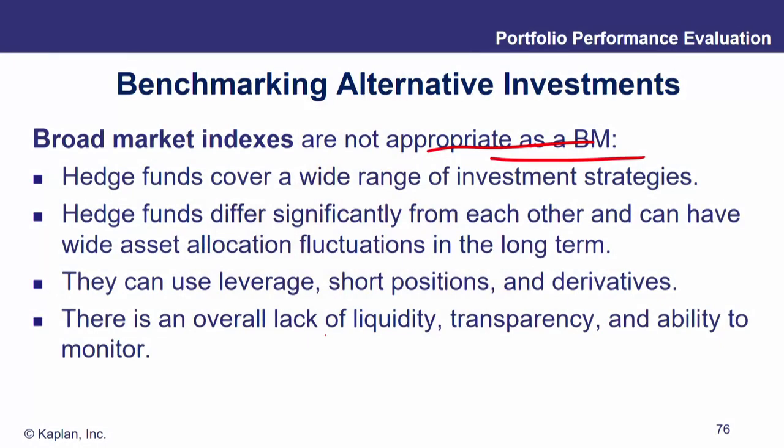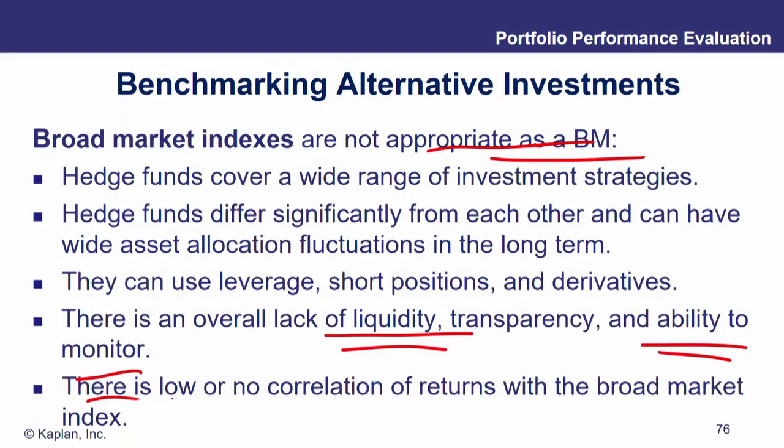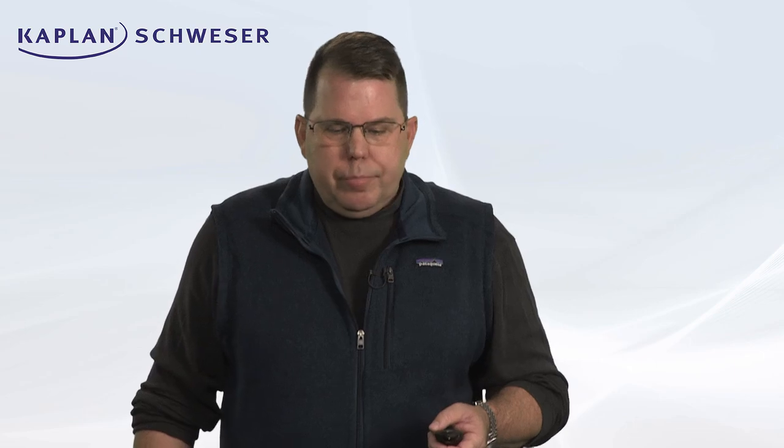And then at the end of the day, don't forget there's a lack of liquidity, transparency, and it's even difficult to monitor these investments. So broad market indices are really not appropriate as a benchmark for hedge funds. And then finally, there's a low or no correlation of returns with the broad market index. So it doesn't make sense to try to compare that to these broad market indices.